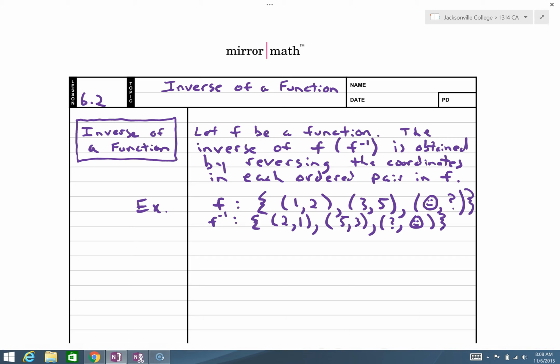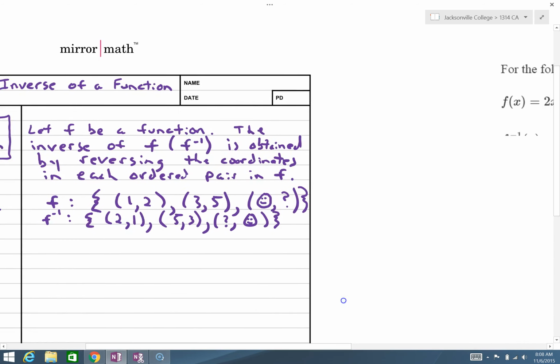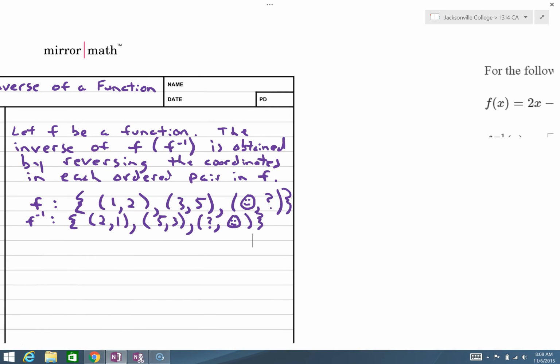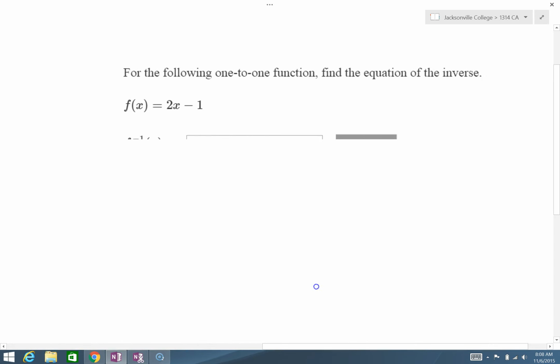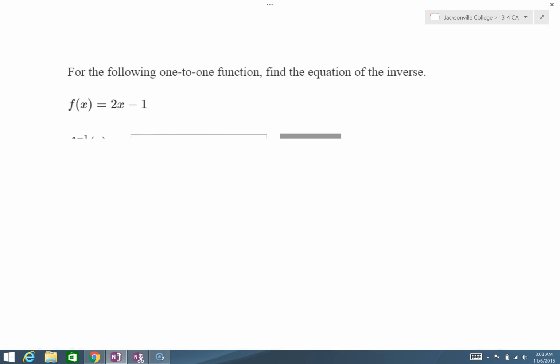Let's look at an example of how we will use this to deal with our XYZ homework. For the following one-to-one function, and we'll get a definition for one-to-one in a second, find the equation of the inverse. They give us the function in function notation, f of x is equal to 2x minus 1, and they ask us for the inverse, which we call f inverse of x.